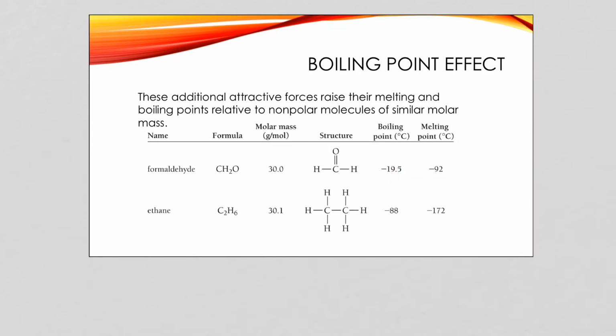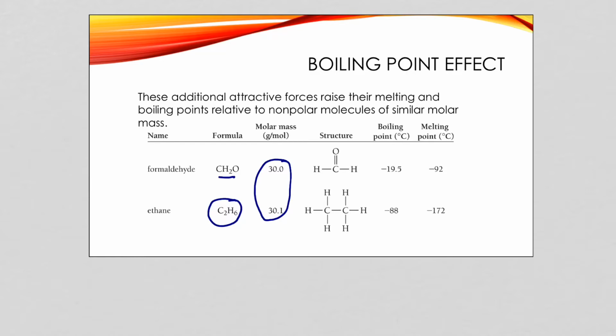So if we start to compare molecules of relatively similar molar mass, and we look at one that is polar, formaldehyde, so we'll have these additional dipole-dipole forces, and a molecule that is nonpolar, which will only have dispersion forces. They both have about the same dispersion forces because of the same molar mass, but formaldehyde has these additional dipole-dipole forces.